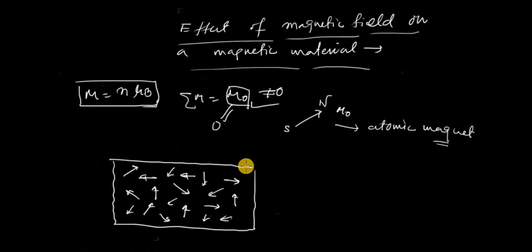As a whole, the total magnetic moment, that is the sum of the individual atomic magnetic moments, is equal to 0. That means this sample does not have any magnetic property, because the resultant magnetic moment of the sample is equal to 0.